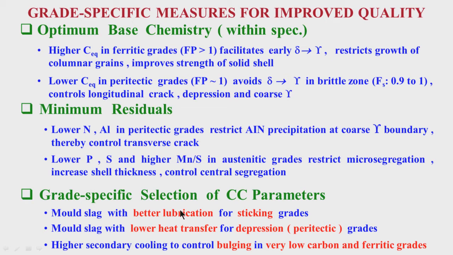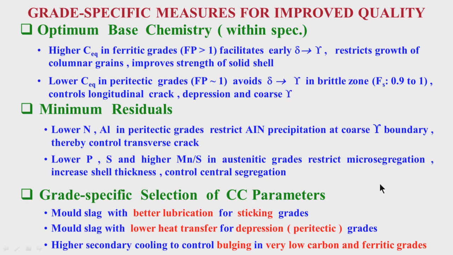So accordingly the mold slag has to be suitably selected. The characteristics of the mold slag should be such that it has better lubrication, so that the sticking tendency can be controlled. If there is too much sticking, there might be a sticking breakout, the surface may be ruptured, so all sorts of problems will be there.